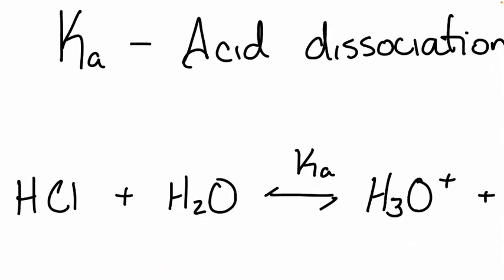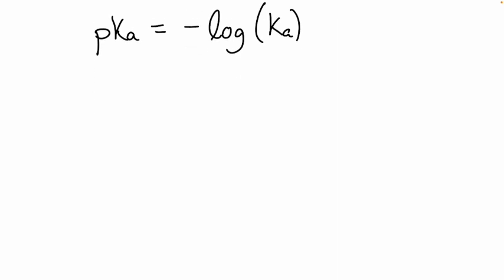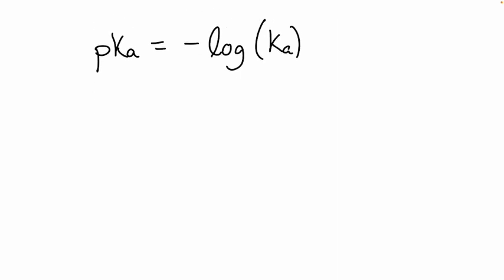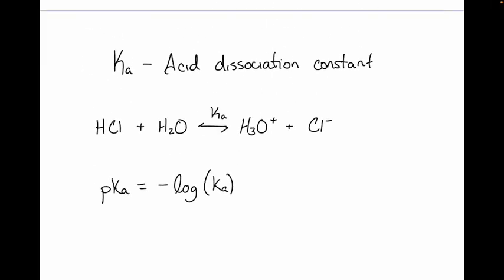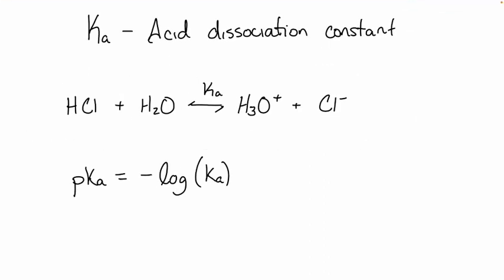Now, good news, we're not going to do any math. We're not going to do any equilibrium ice table business like you did in Chem 1B, okay? But we need to be able to compare these two. And if you remember, the larger the value of Ka, the more that reaction favored the product side, so the stronger the acid. Well, if we then take the negative log, it's sort of the opposite trend that we see for pKa.